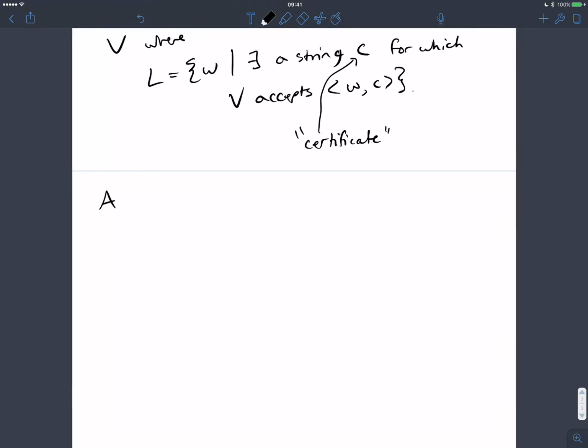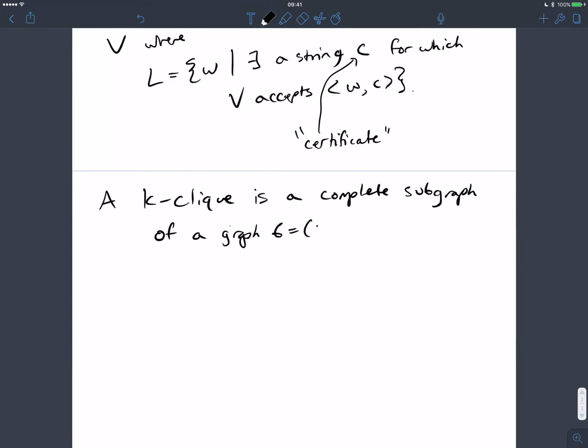So let's consider this. Let's define this problem. A k-clique, or clique, is a complete subgraph of a graph G with k vertices.